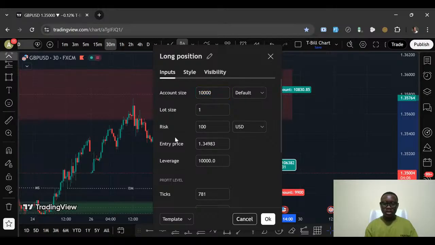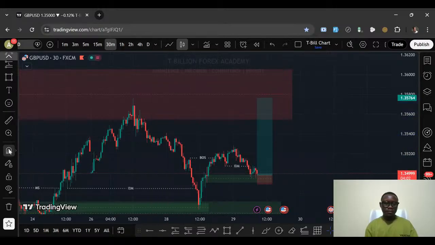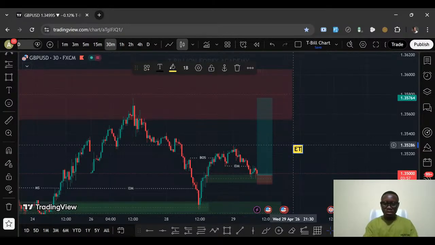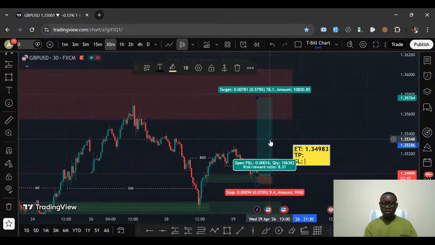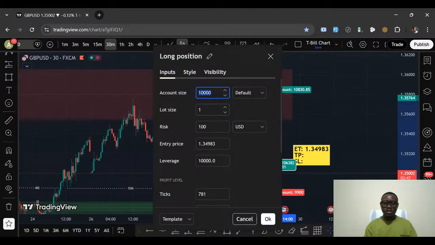Let me write down the coordinates. So this is our entry. This is our TP and our SL. So if you're on the free signal Telegram channel, take this trade.